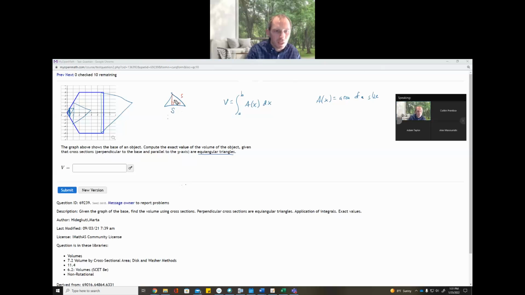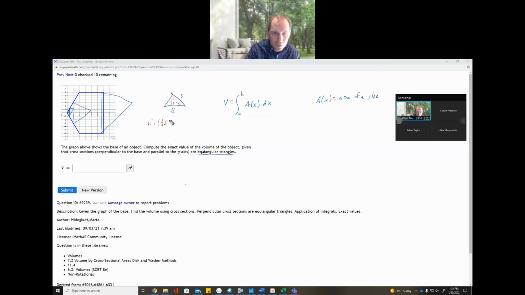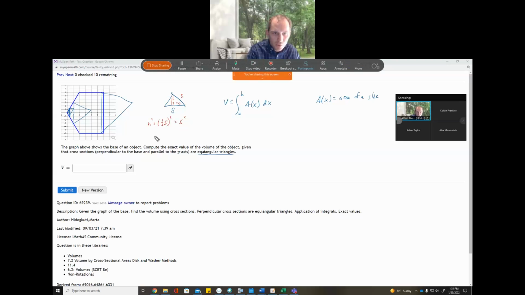And so then what I really want to do is find the height, because I can find the area of any triangle if I know the base and the height. So that's one way to do it. I can use the Pythagorean theorem to find the height. So h squared plus half of S squared equals S squared.